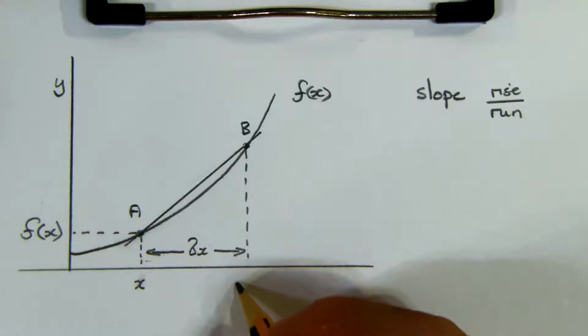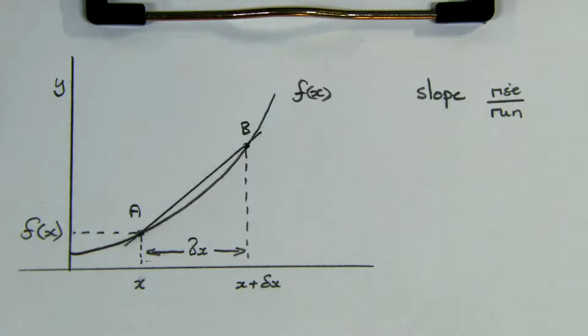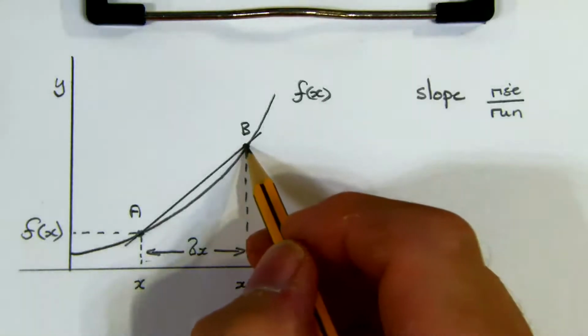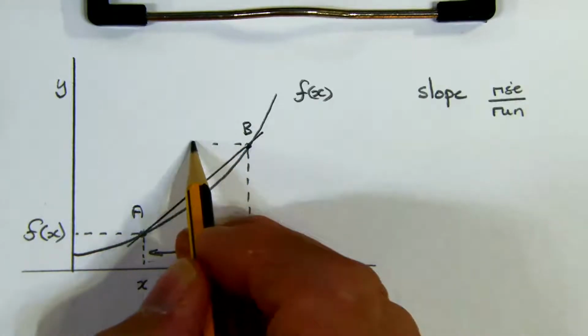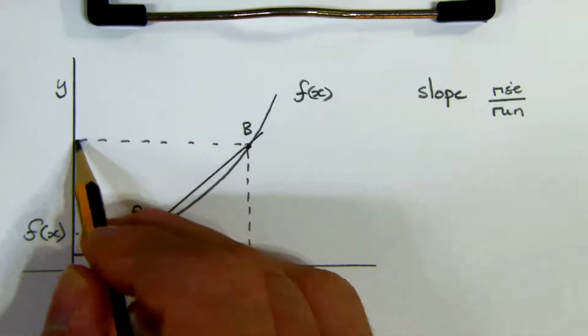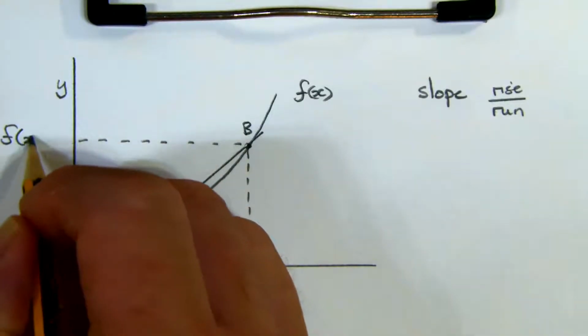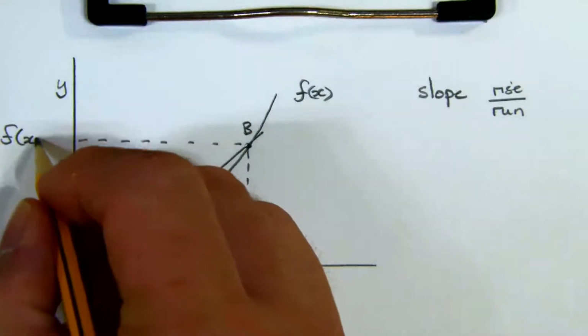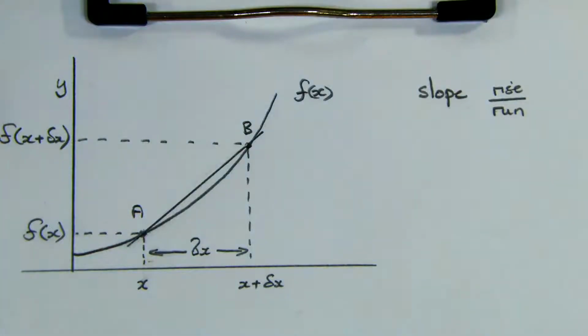The coordinate of this point is going to be x plus, done round the right way, delta x. If we look at this point on this line here, this is going to be the same function of x plus the small little bit, f of x plus delta x. So we've now got enough information here to try and work out the gradient.